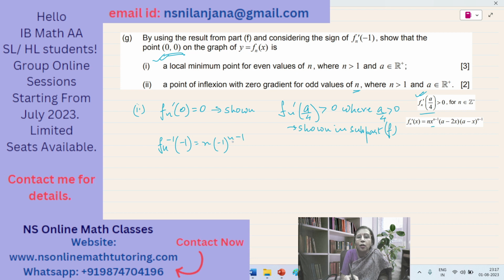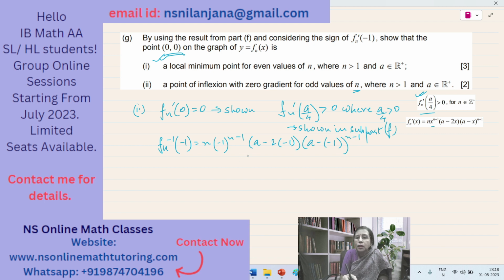Since n is an odd number, therefore n minus 1 will be an even number, and a minus 2 times negative 1, and a minus negative 1 to the power of n minus 1.